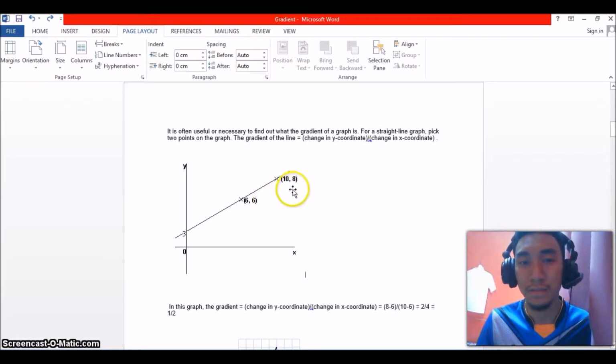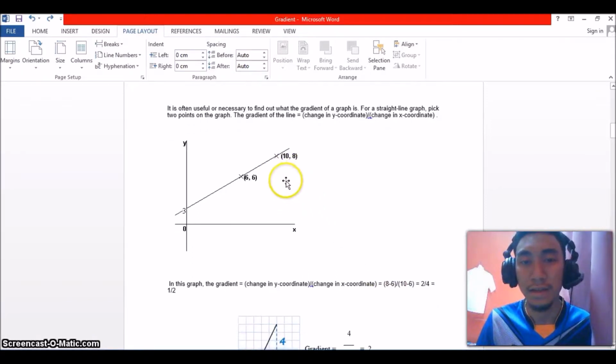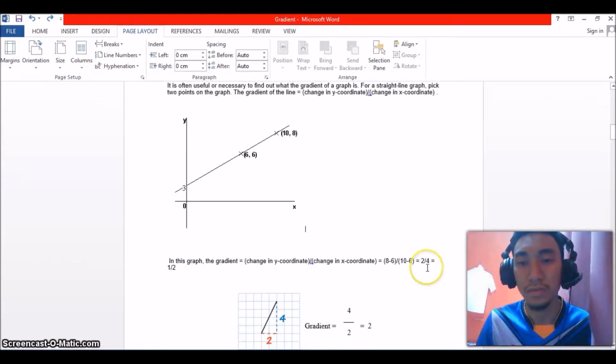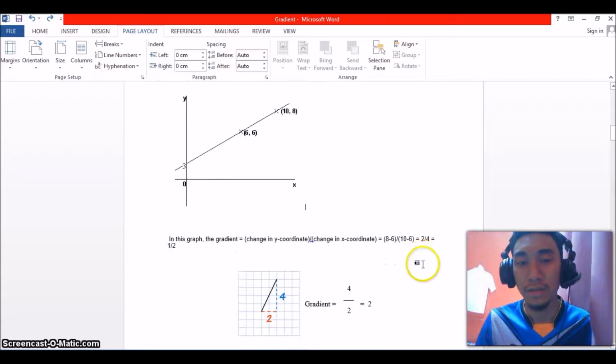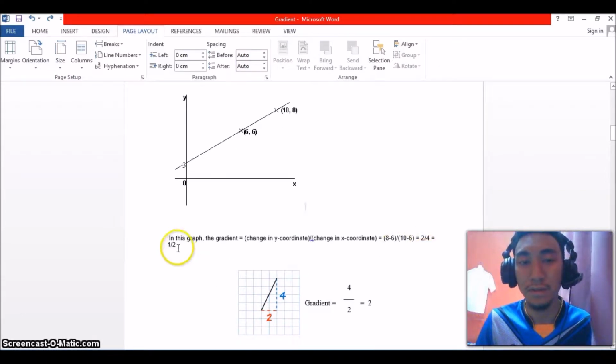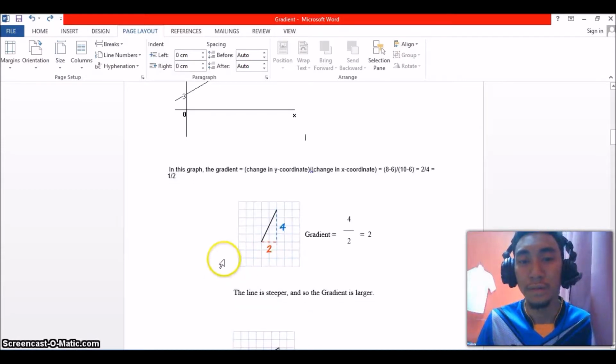For this example, the change in y we can find by 8 minus 6 and we get 2, and then the change in x is 10 minus 6, and we get 4. So we get the answer 2 over 4, and then we simplify the fraction, we get 1 over 2. So for this line the gradient is 1 over 2.